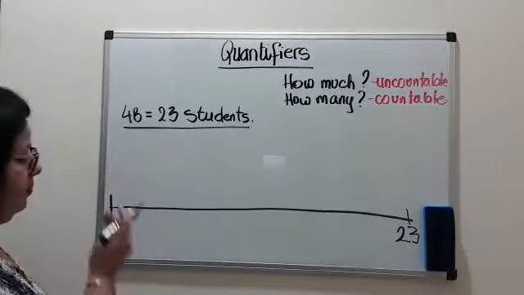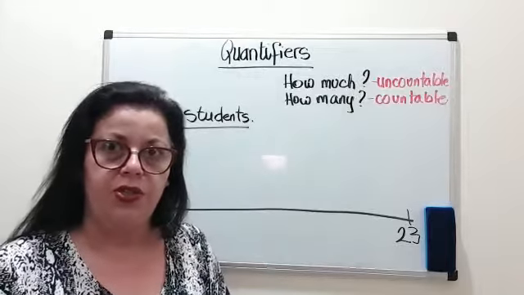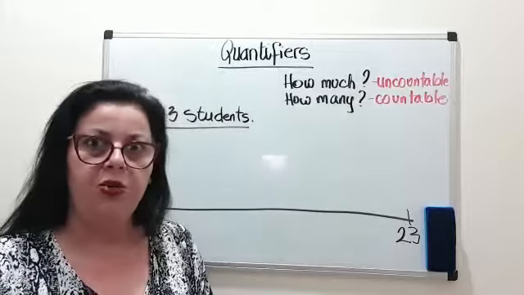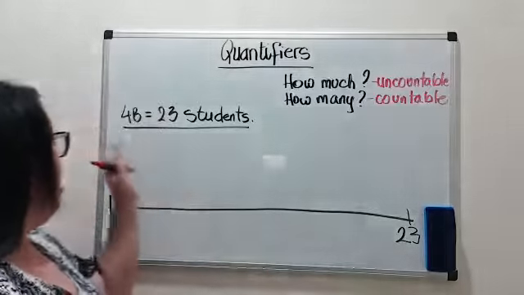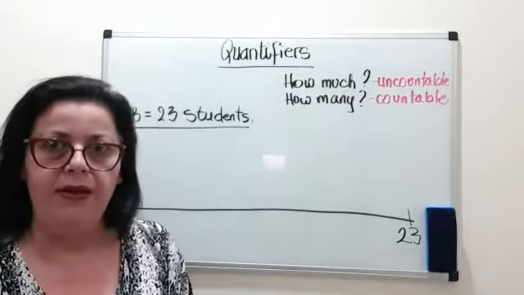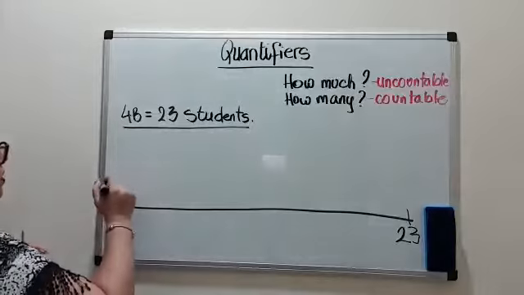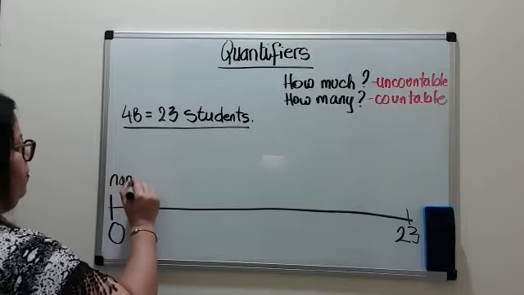If I say none of my students turn in the work, how many out of 23? If I say none, it means 0. That's lowest and weakest. So here we put none.